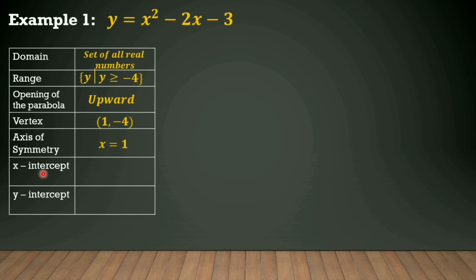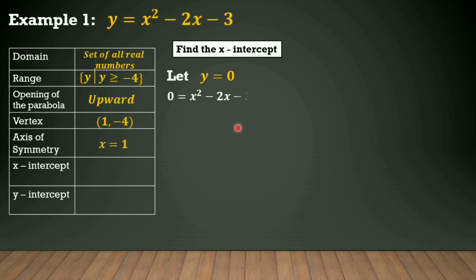Okay, next, let's find the x-intercept. To find the x-intercept, we will let y is equal to 0 in this equation. So, papalitan natin yung y ng 0. So we have 0 is equal to x squared minus 2x minus 3. As you can see, naging quadratic equation na siya. So, we can solve this using factoring.